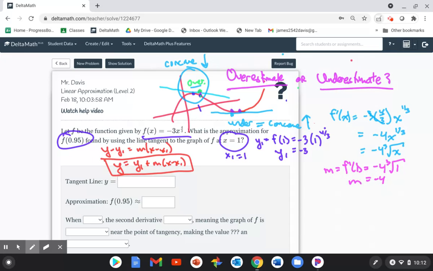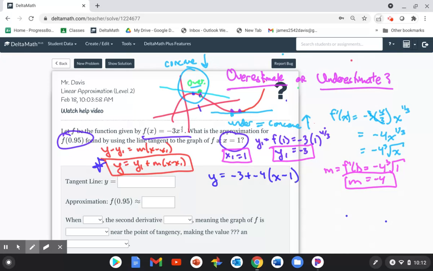So there's our m. So we've got our 3 pieces of information. That's just basic algebra. Aside from the derivative computation there, the rest is basic algebra. So let's go ahead and plug it into our equation here. For that, we'll get y equals, our y1 is negative 3 plus our m of negative 4 times x minus x1 of 1.